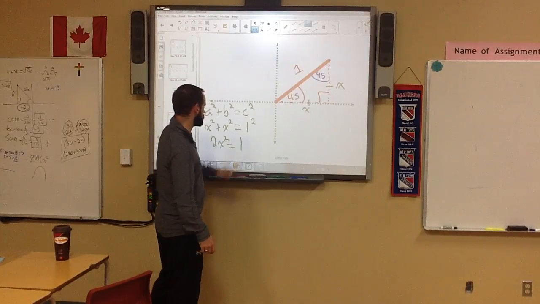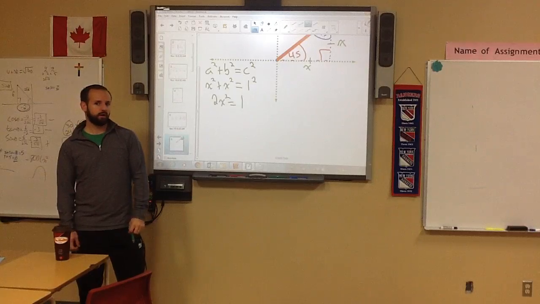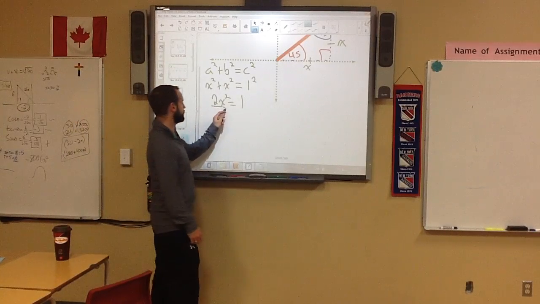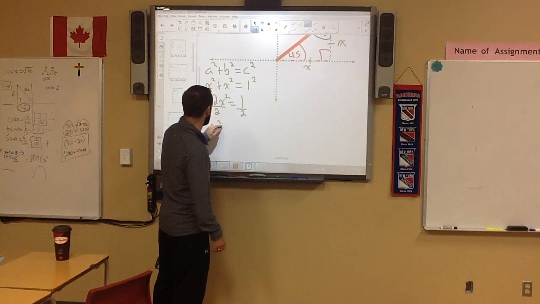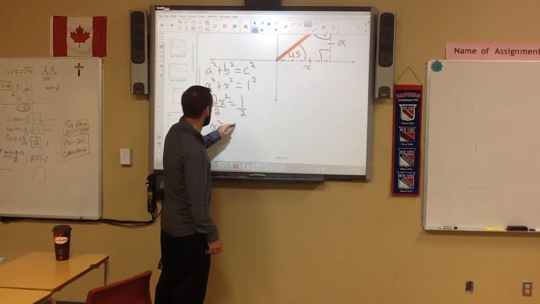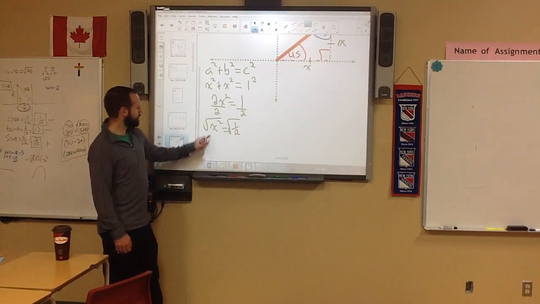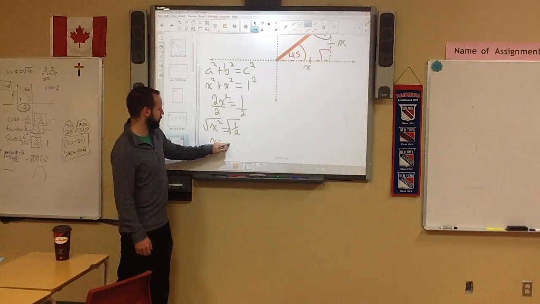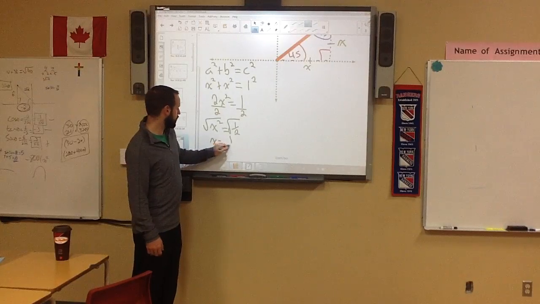And then 1 squared is just 1. Can I solve for x here? Sure I can. If I divide this by 2, divide this by 2, I have x squared equals 1/2. And if I square root it, I get x equals, what's the square root of 1? 1 over root 2.